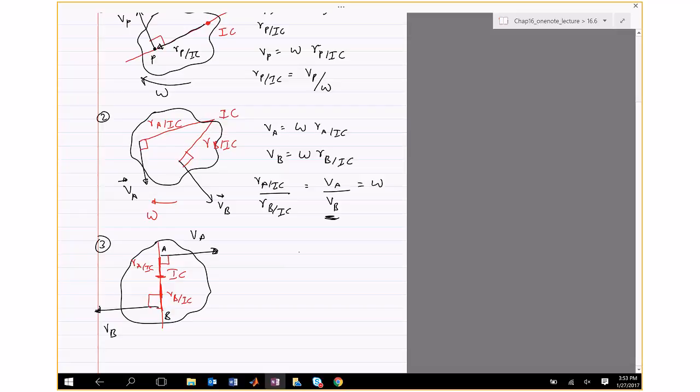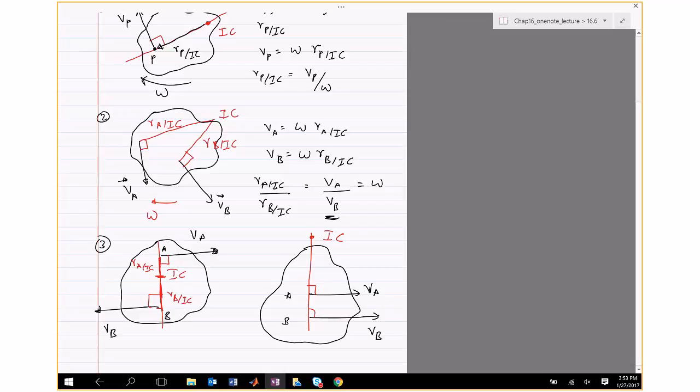You could also get a case where VA and VB are parallel, like so. Use the same recipe, which is basically draw normal to A and B, and the IC should be located somewhere on that line.